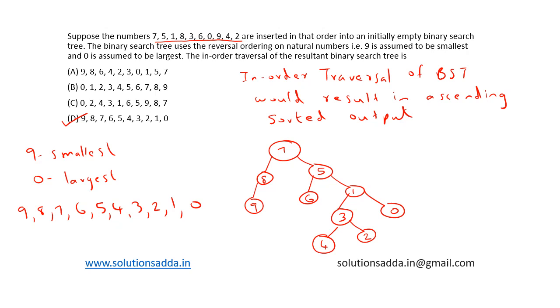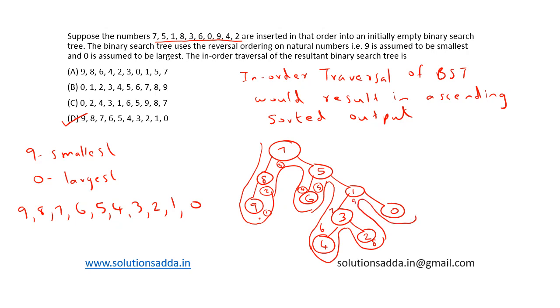Now let's perform the in-order traversal. To perform the in-order traversal, we traverse it like this. 9 would be printed, then 8 would be printed, then in this order 1, 2, then 7 would be printed. This would be 3, this would be 4, this would be 5, 6, 7, 8, 9, and this would be 10.